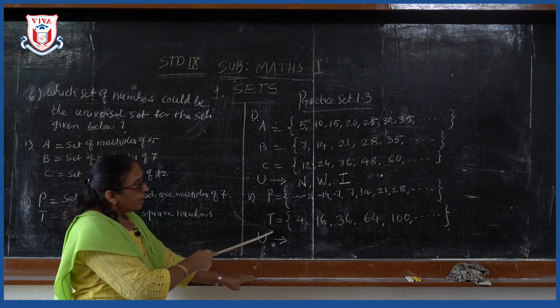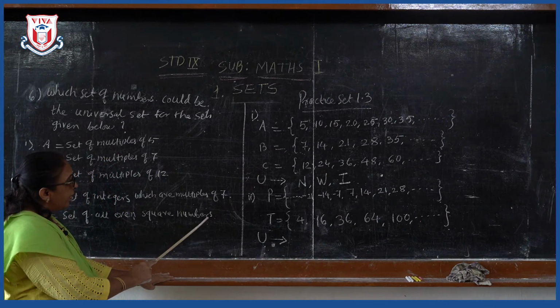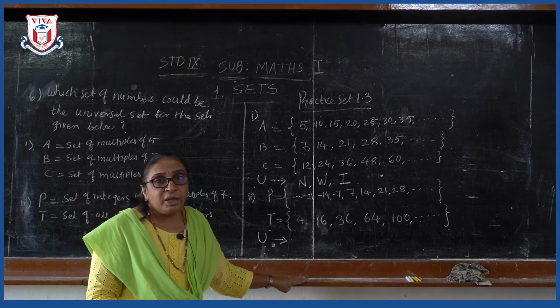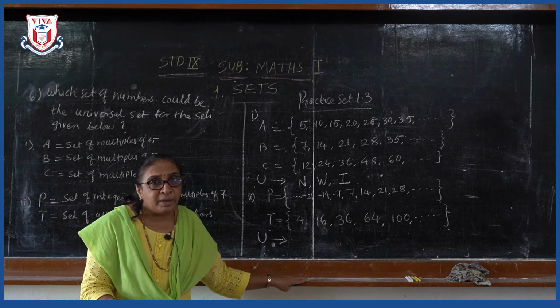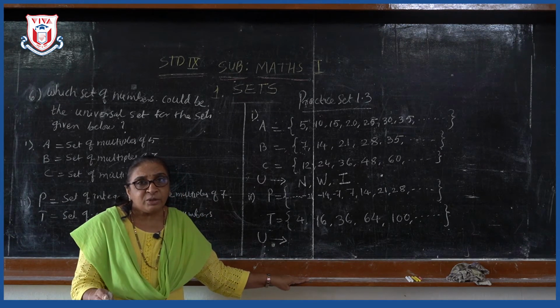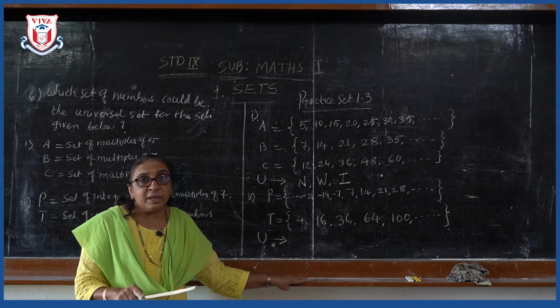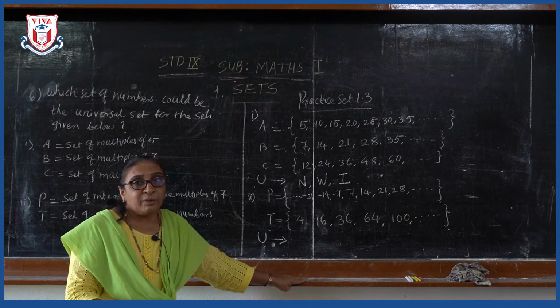Similarly, T is a set of even square numbers. Now you know that the square of an even number is even and the square of an odd number is odd. See, for example, 1 is an odd number, 1 square is 1; 2 square is 4, both are even. 3 square is 9, both are odd. 4 square is 16, both are even.